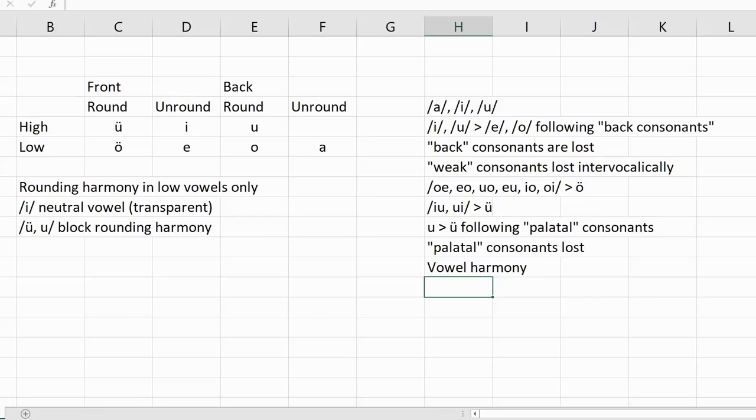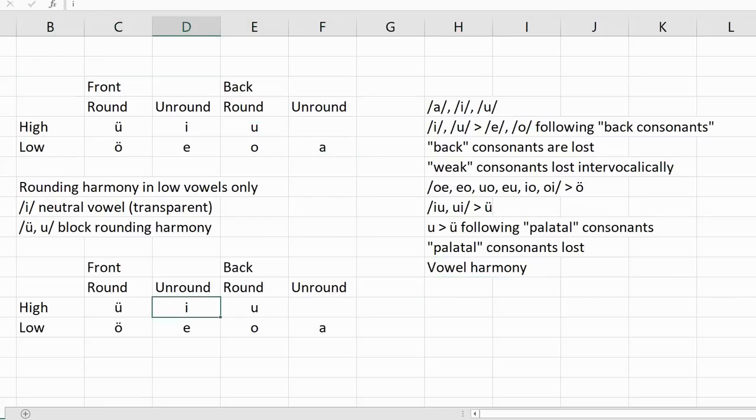Okay, here's an idea. What if, for example, our high unrounded vowel moved back? What if E became that, and then Ü lost its rounding to replace E? So we end up with this thing.